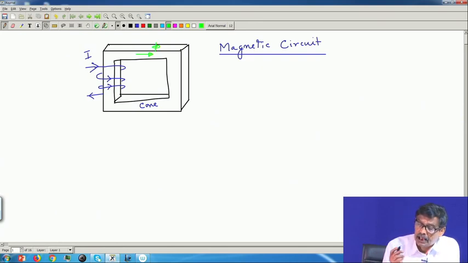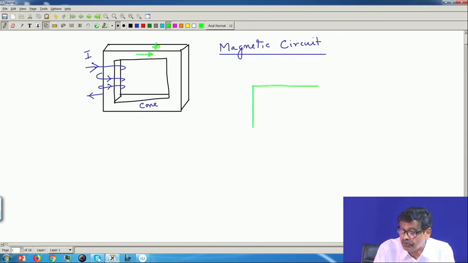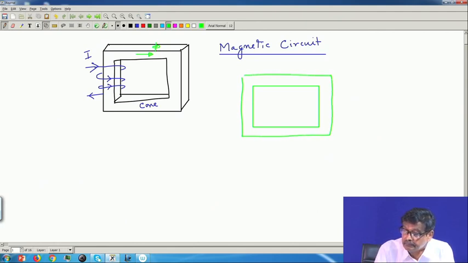You know, we apply Ampere's circuital law to find out the flux produced in the core. For example, if I draw the sectional view of the core like this, then the conductors can be shown to be like this.